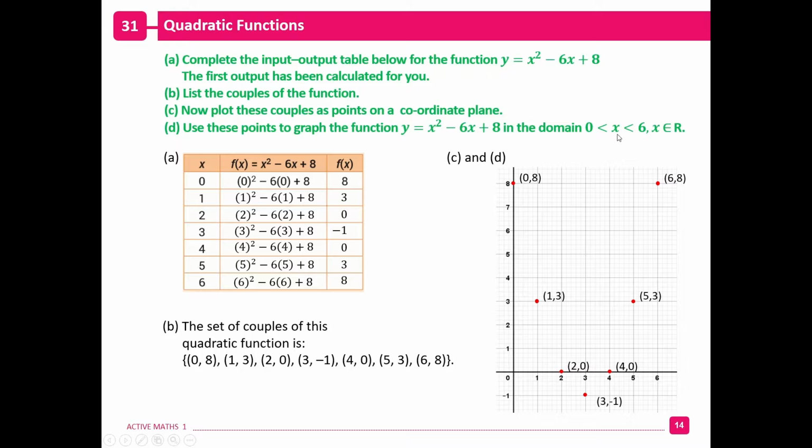Now, of course, that means the inputs range from the number to the left to the number to the right. Now, you'll notice that there is a little bit of a mistake in this typing, but it should have a little 'or equals to' underneath if we are still wanting to have those points 0 and 6 included. Okay, now remember the bit after the comma simply means that x belongs to the real number set, which means x is everything that we've studied. It's all the real numbers.